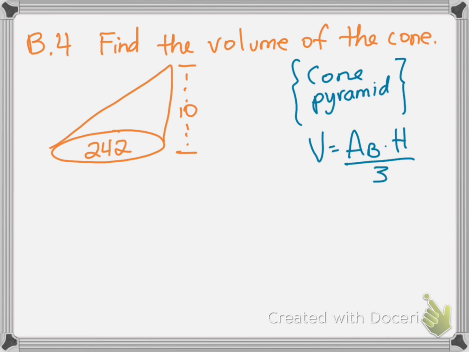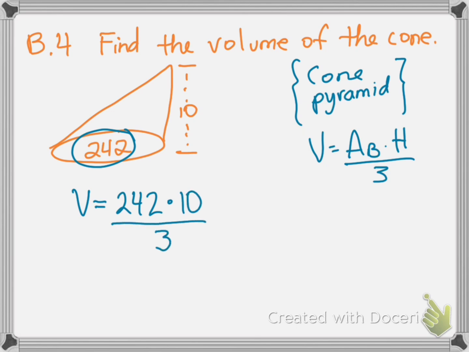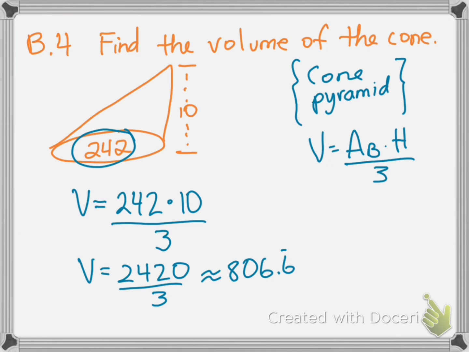So in this case, I just have to use the formula and say 242, which again is the area of the base, times the height divided by 3, which will be 2,420 thirds, or an approximate answer can be 806 and 6 repeating. And since they don't give us the units, but let's assume it's the same as before, and it's volume again, so we'll put it to the 3rd power.